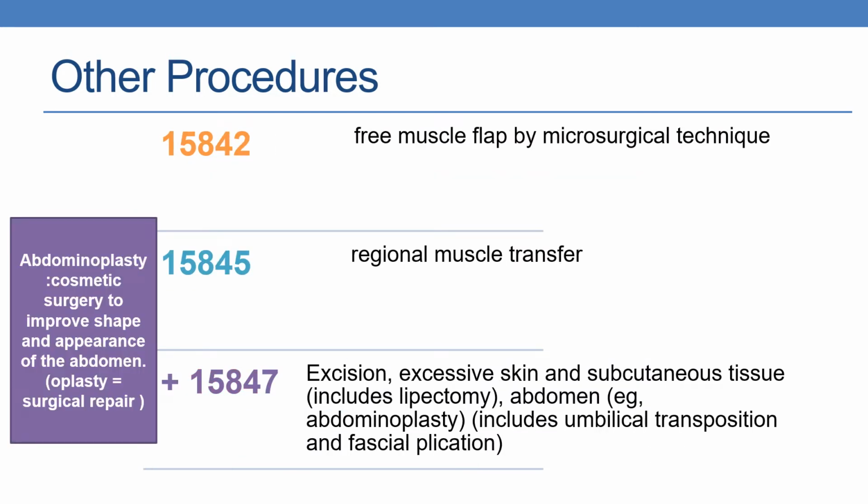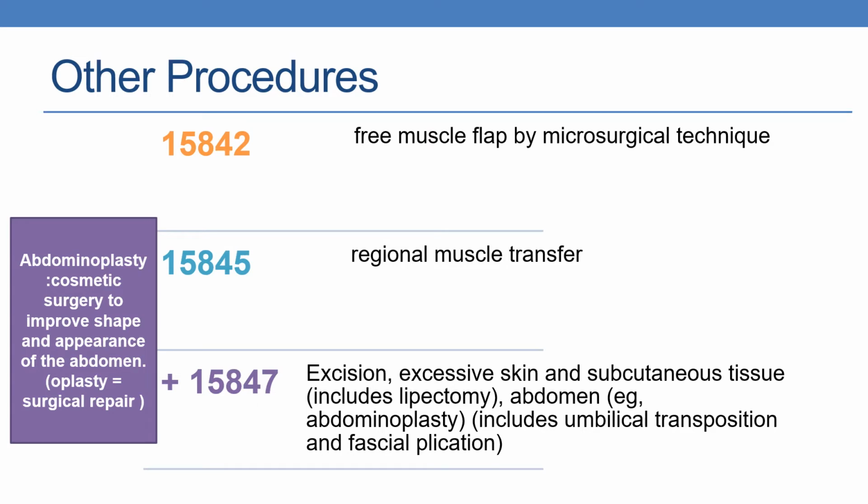The next is 15842. 15842 is nothing but graft for facial nerve paralysis, free muscle flap by microsurgical technique. The next is 15845, which is nothing but graft for facial nerve paralysis, regional muscle transfer.